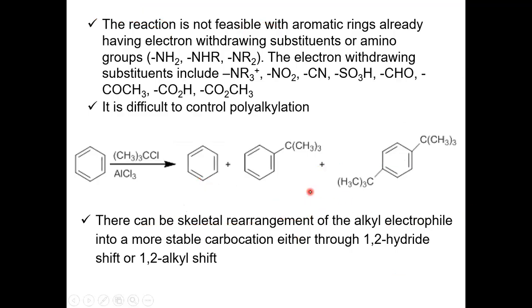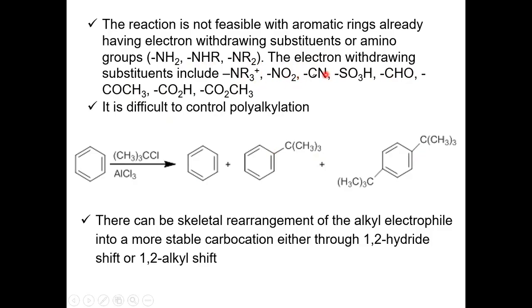Good. Now we are seeing there's no feasible reaction with aromatic rings already having electron withdrawing substituents or amino groups. So if we have benzene with an amino group, right? Good. Whether it's primary, secondary, or tertiary, right? Or if you have any of these species, any electron withdrawing group, take note of these species.